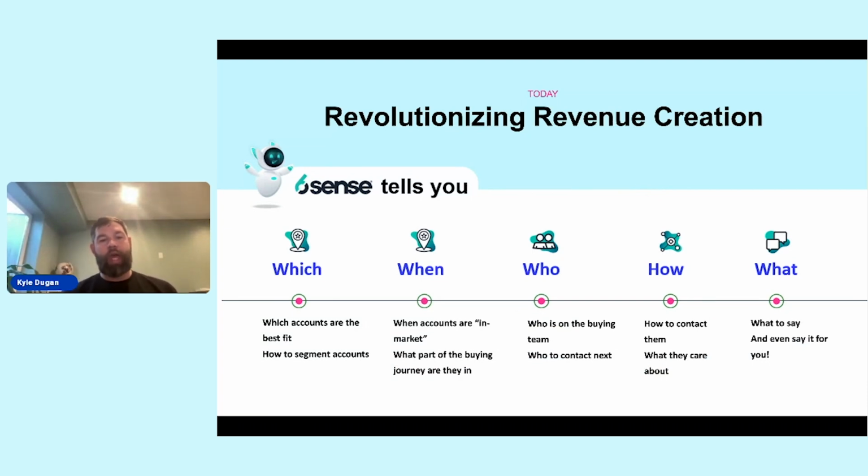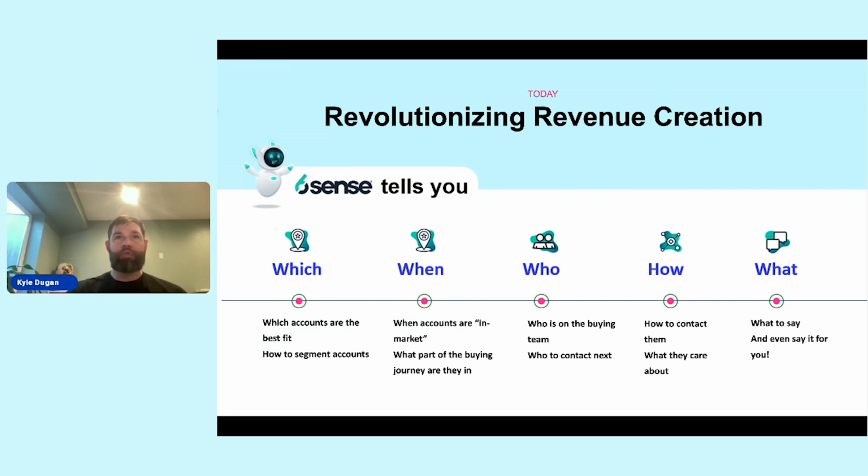So we can now look at which accounts are the best fit, how to segment them, what accounts are in market. That's part of our predictive in-market buying stages. What part of the buying journey they're in, who's on the buying team, who to contact next, how to contact them, what they care about, and then the what. And this goes even a step further now with some of our AI capabilities and generative AI, and that's what to say and even say it for you. So that's a little bit about 6th Sense and our history.